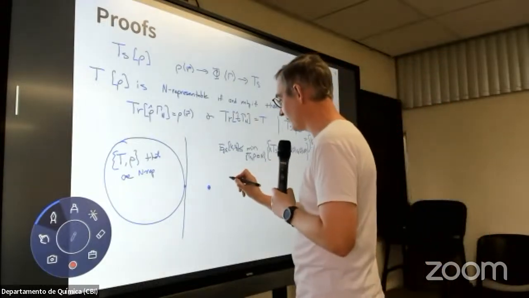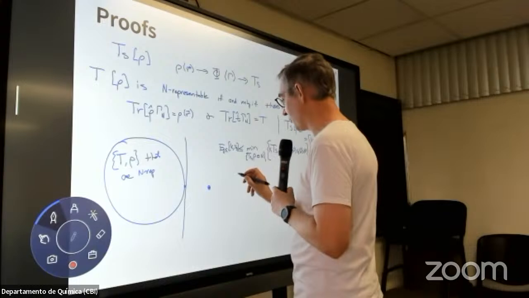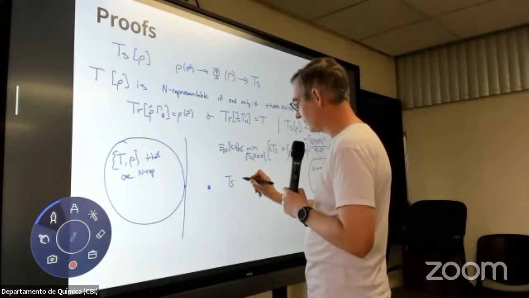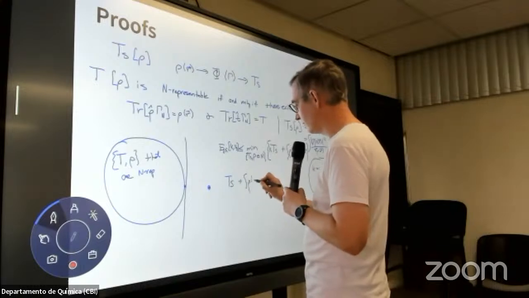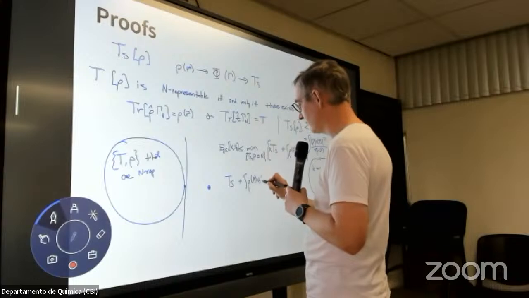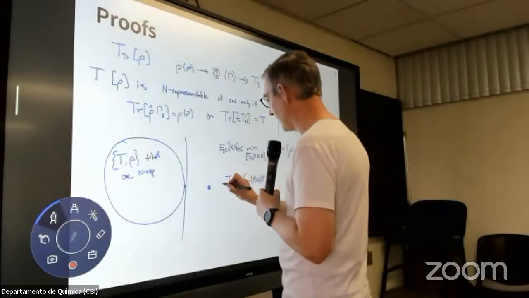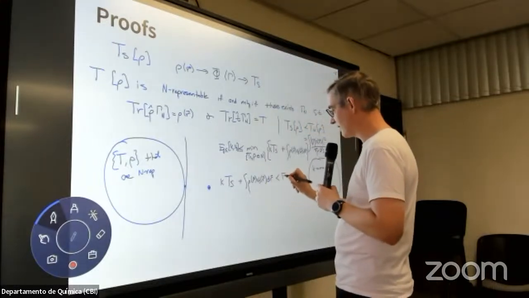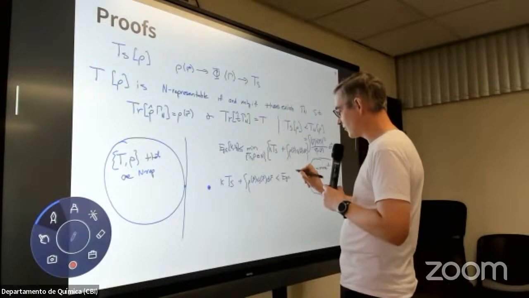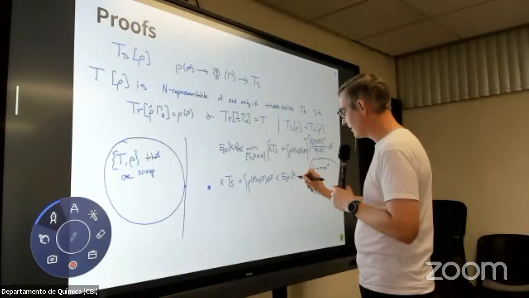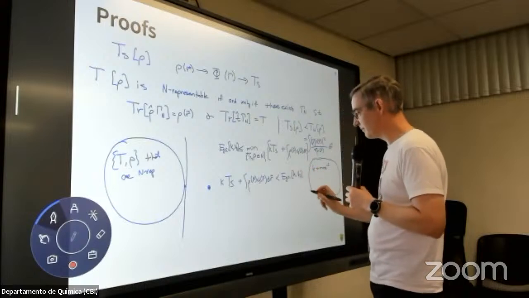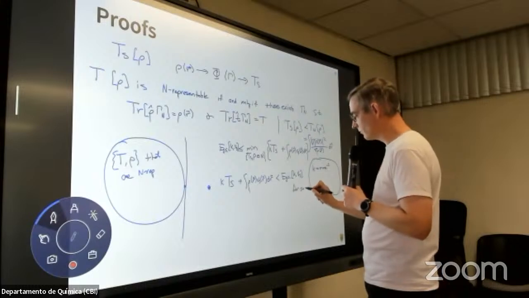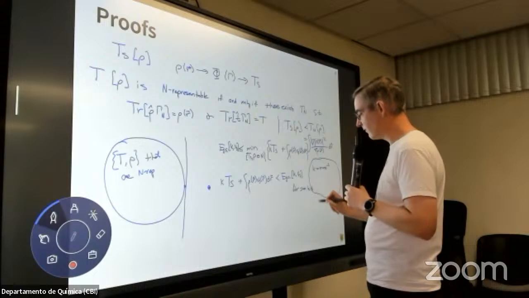So this element here has the property that TS is less than the ground state associated with K and VS, for some K and VS.